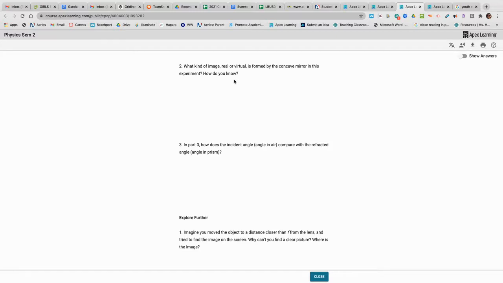A real image is an image that can form clearly and in focus on a screen. A virtual image is not a real image. It does not form on a screen. A virtual image is simply a mathematical solution to something that is physically impossible.